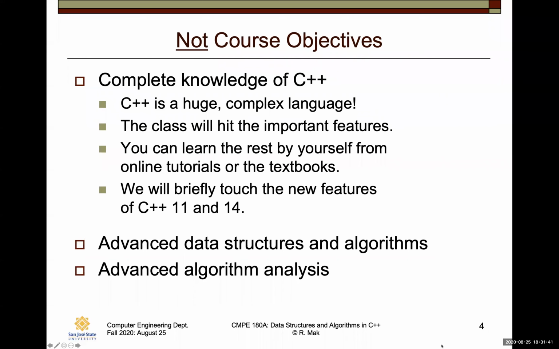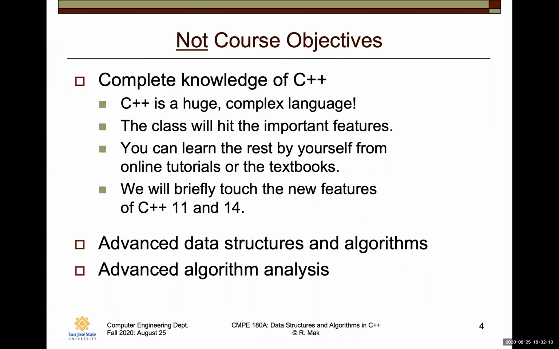We'll briefly touch upon some of the newest features of C++ version 11 and version 14, okay? The 11 comes from the year 2011, which is when it became an industry standard. There's a 2014 version that has some new features, and there's also a 2017 version of the language.